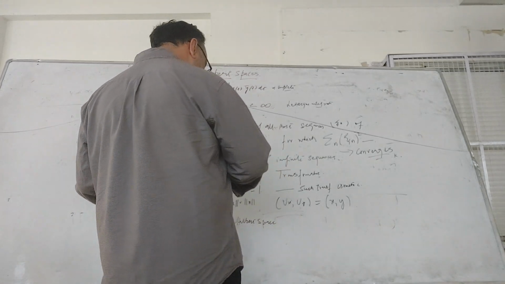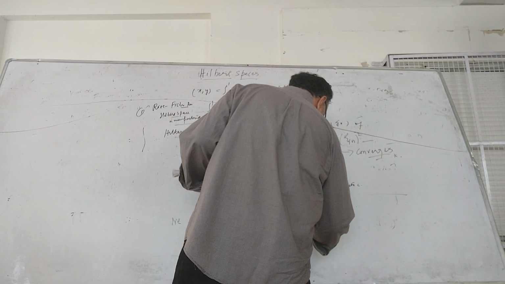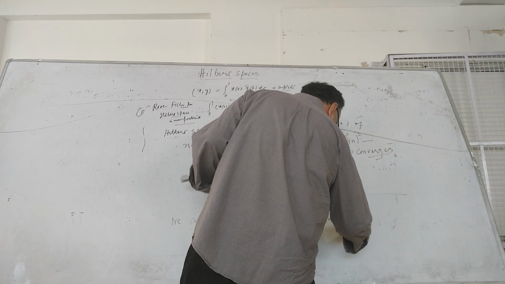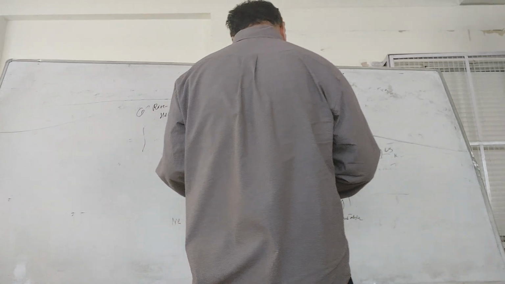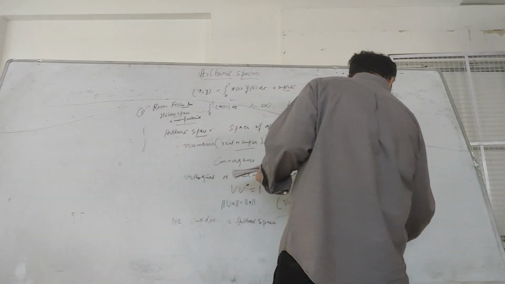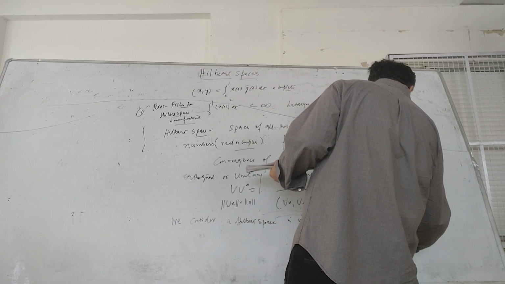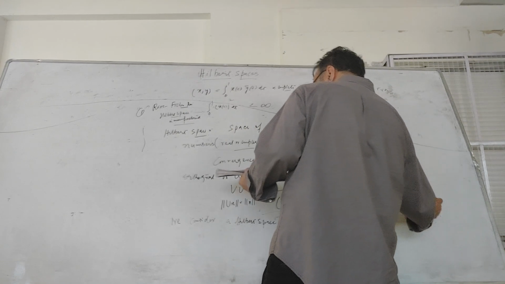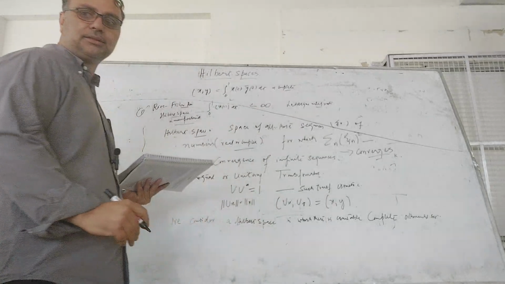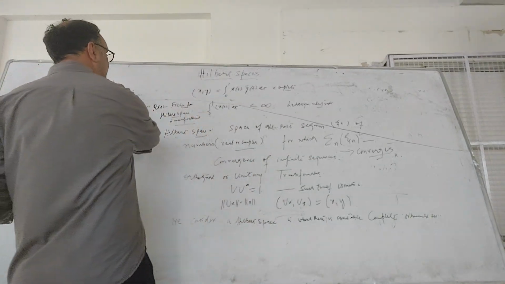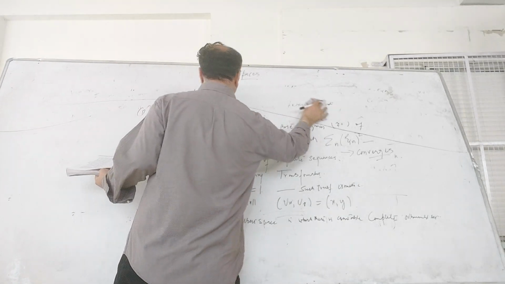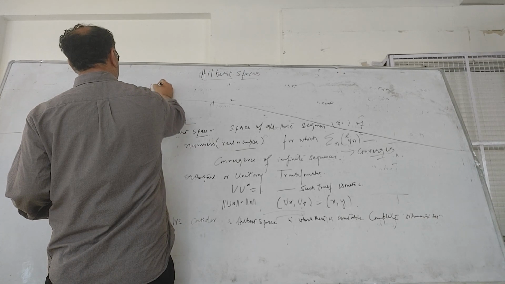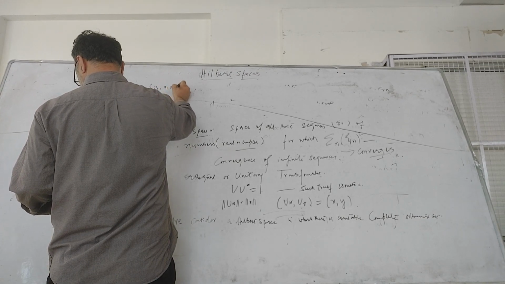in which there is a countable complete orthonormal set, say for example x0, x1, x2.